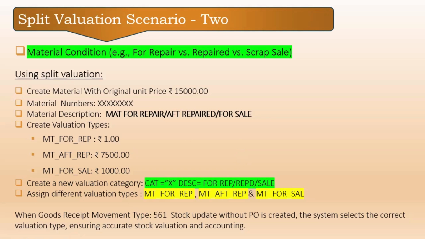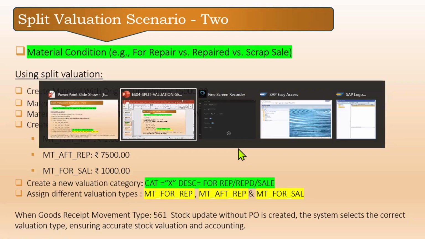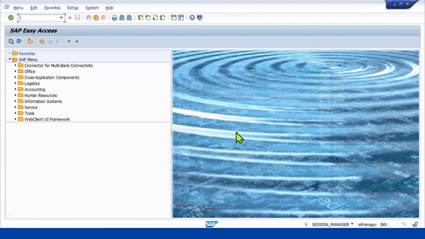Let's log into the system. Users, before we do the split valuation configuration, I forgot to show you something in my previous video. So I'll give you a small demo on what we missed. MMBE, let me show it to you.